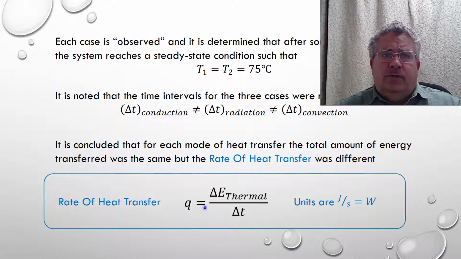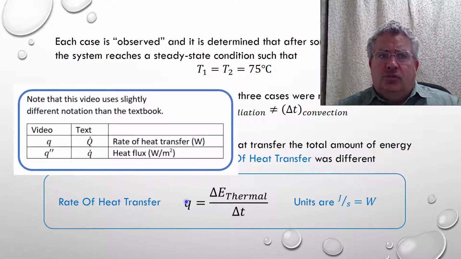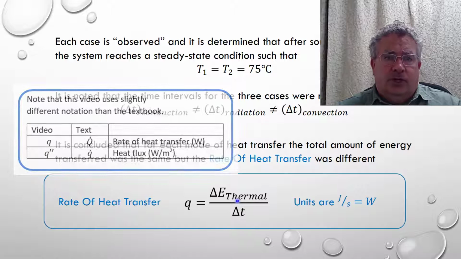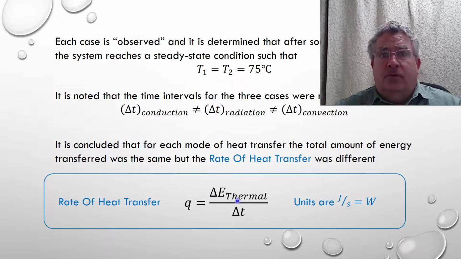We're going to write this as little q, which has the units of power, and it's the change in thermal energy of a system over the time it takes that energy to change. So it's going to be like 500 joules per second, and we'll refer to that as watts.